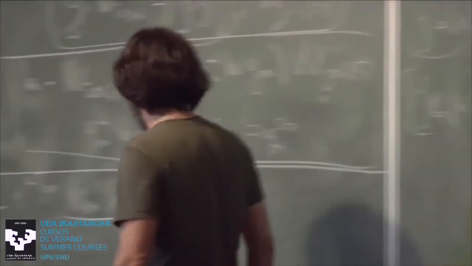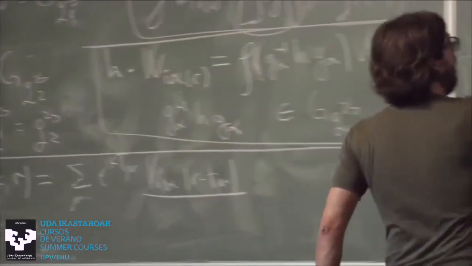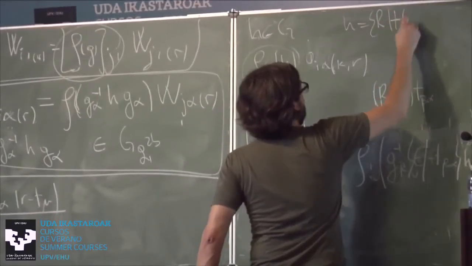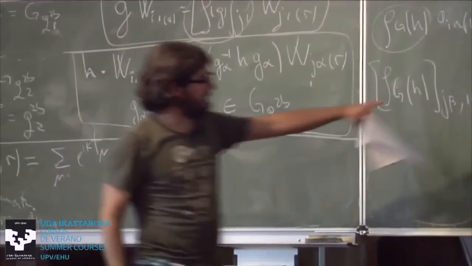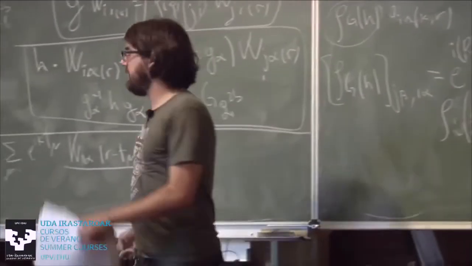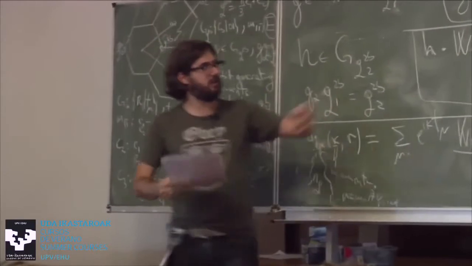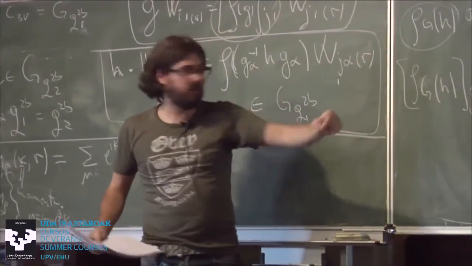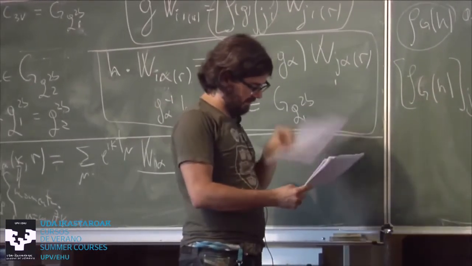Okay, so this has a lot of indices. What does it mean? Well, this R is the rotation matrix of this element. This element is H times some translation of the space group. T beta alpha is a vector that relates how this element has moved the Wyckoff position from alpha to beta.